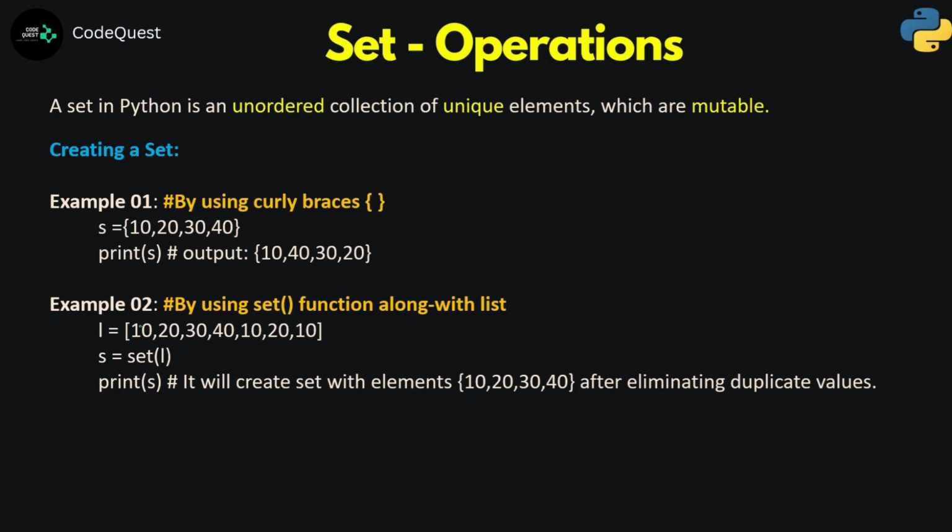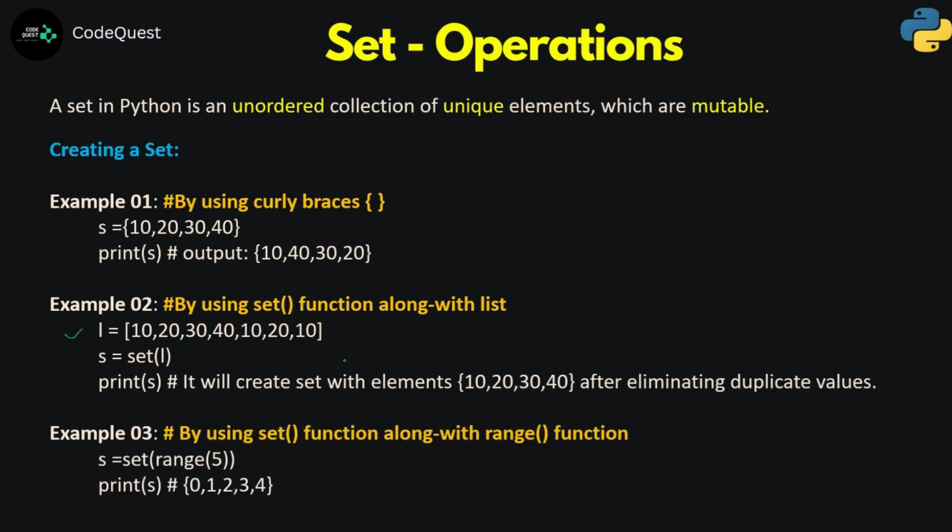Now coming to the second format, where we can take the help of a set function. The set function can take maybe a list, maybe a range function, and whatever elements are present in those iterables, it can create a set with them. For example, here we have taken a list holding a lot of elements, and you can see there are some repetitions also, right?